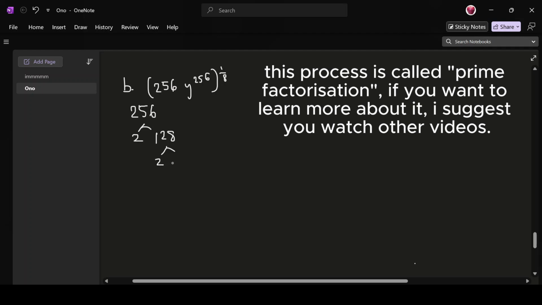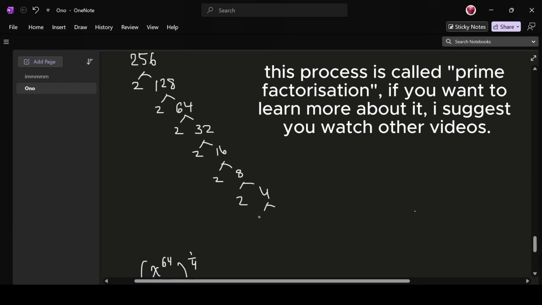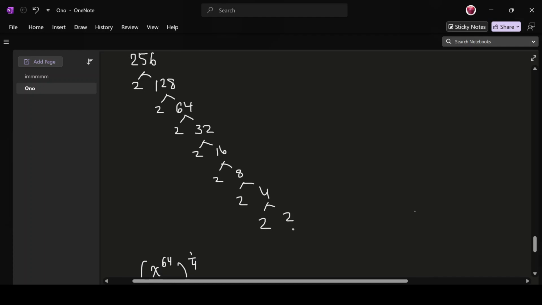128 can be divided by 2 again, and you'll get 64. And that can also be divided by 2, and you get 32, and you divide by 2, and you get 16, and you divide by 2, and you get 8, and then 4, and you divide by 2 again, you get 2, and then finally you divide by 2, and you end up with 1. So you just keep doing this until you end up with 1.